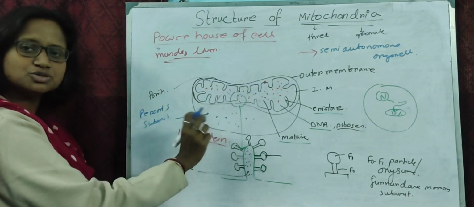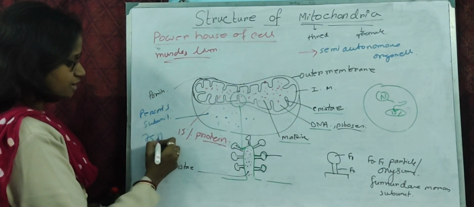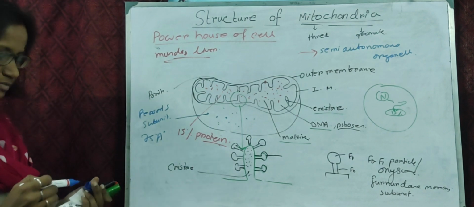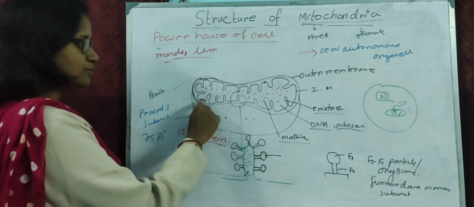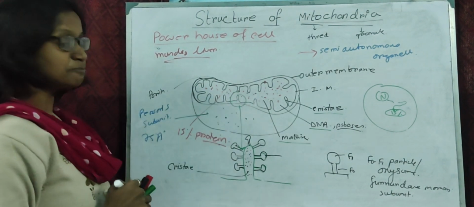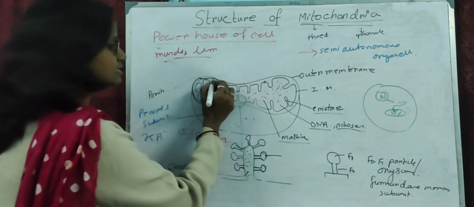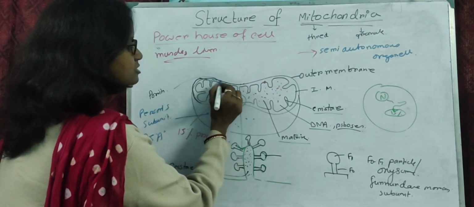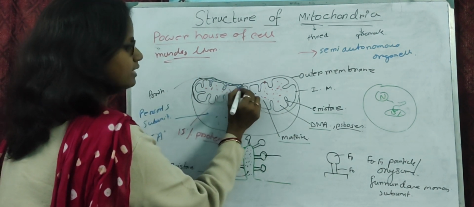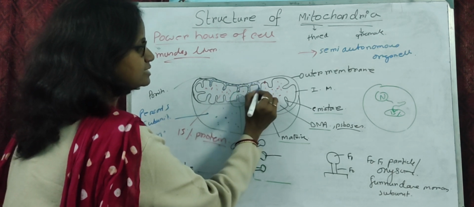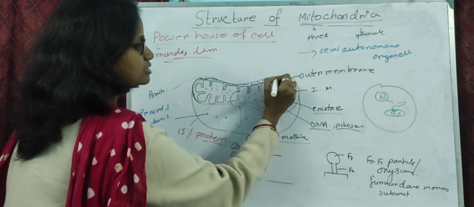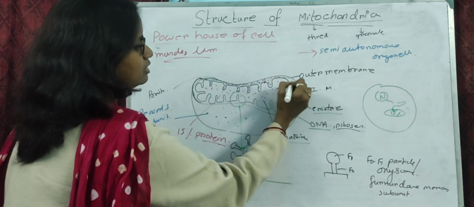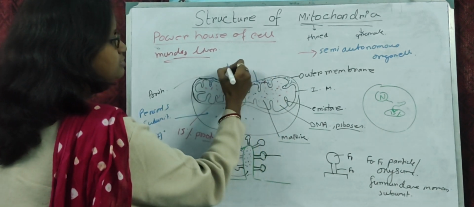The distance between these two particles is 75 Angstrom. Okay. Now come to the inner side, the inner membrane, and the space. I missed that point. The space between the two membranes, the outer membrane and the inner membrane, is called the perimitochondrial space.